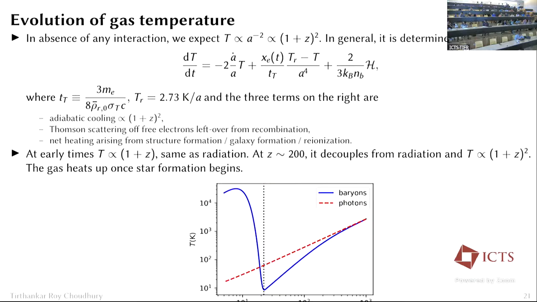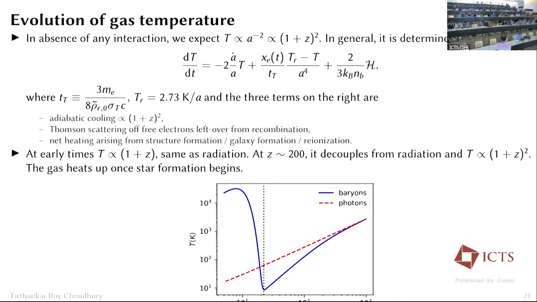Okay, you can ask me later. In that equation, what is H, script H? This is the net heating arising from any structure formation, galaxy formation, reionization. So this is the heating minus cooling term. Any heating processes you can think of will be hidden into this.